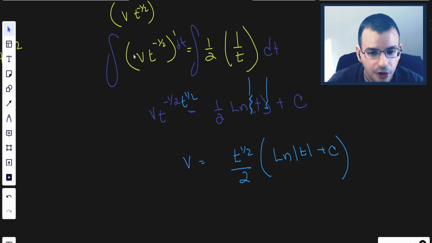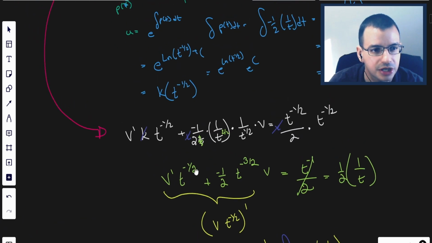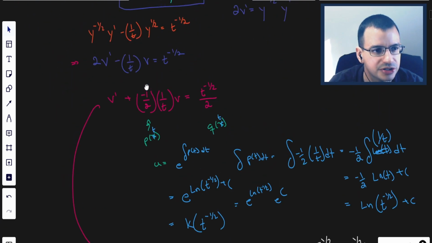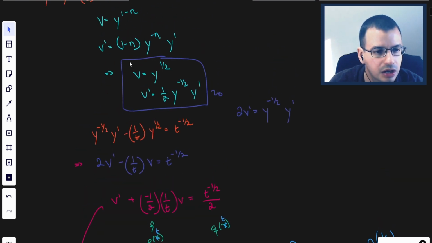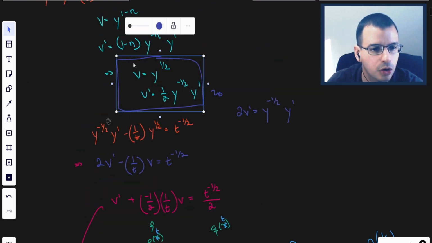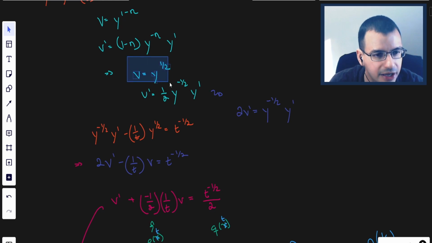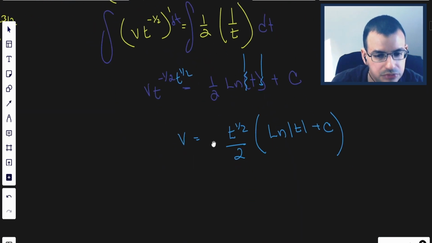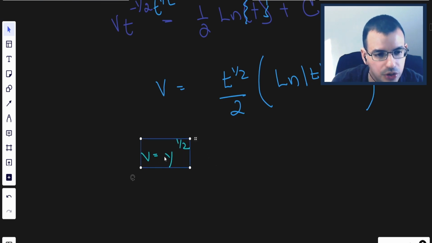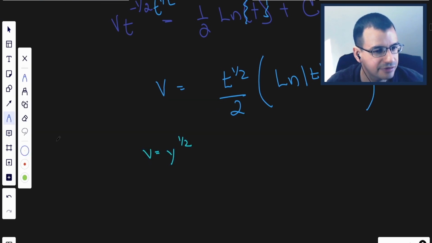All right, so now we have the solution in terms of v, but we don't want the solution in terms of v. We want it in terms of y. So I'm going to come way back up here. We know that v equals y to the 1/2.